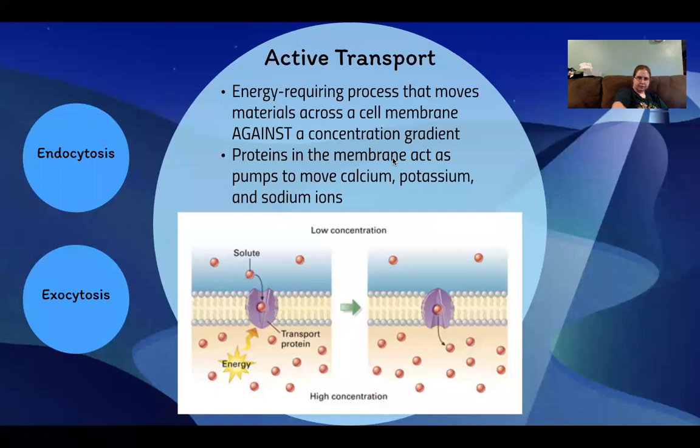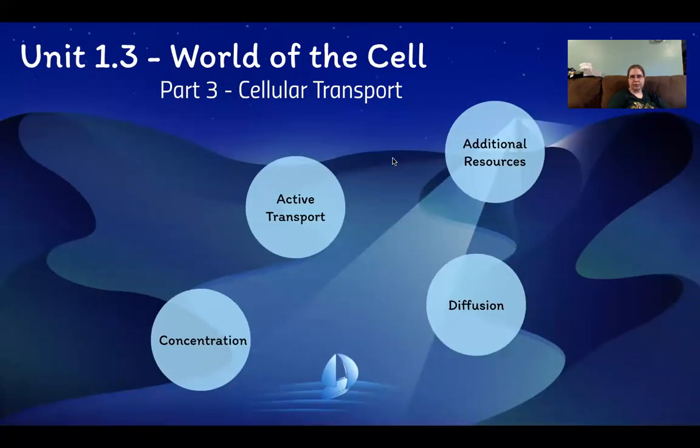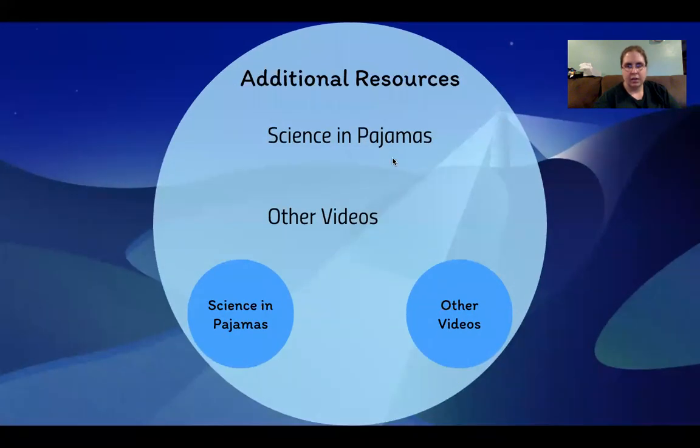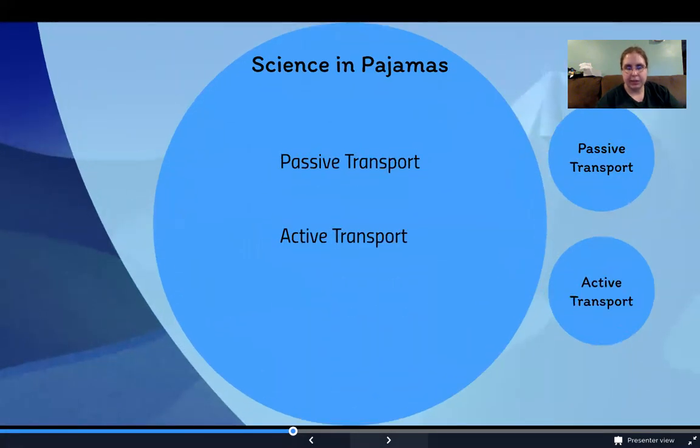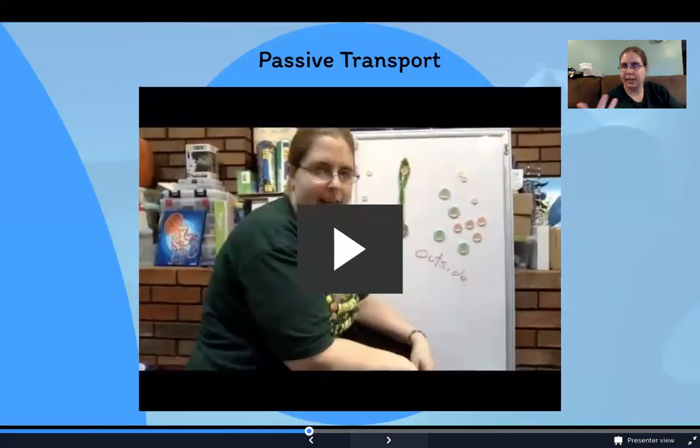All right. Now let's talk about some additional resources. So first we're going to start off with Science in Pajamas. I have a couple of videos that I made for you guys. One describes the different aspects of passive transport, so cell transport that does not require energy, such as diffusion, facilitated diffusion, and osmosis.